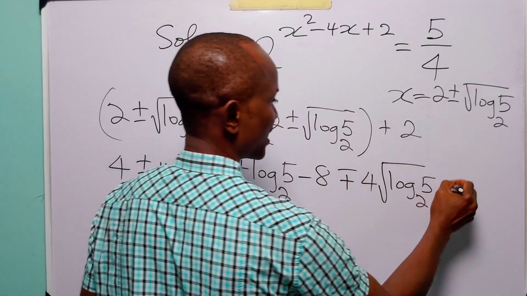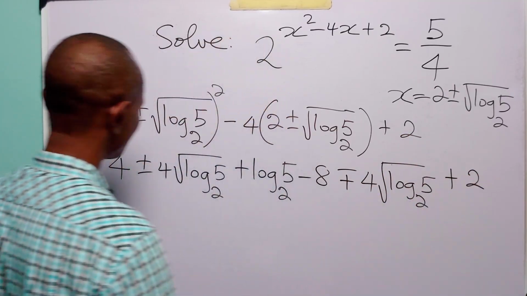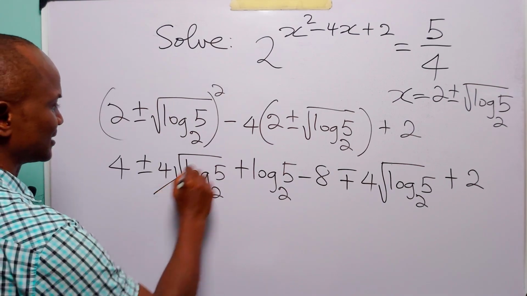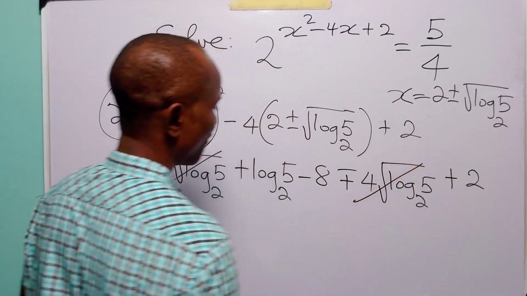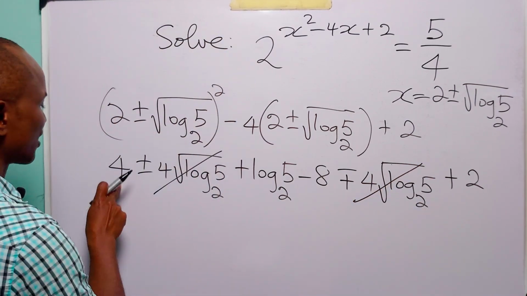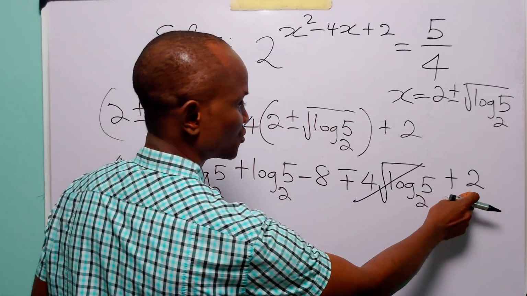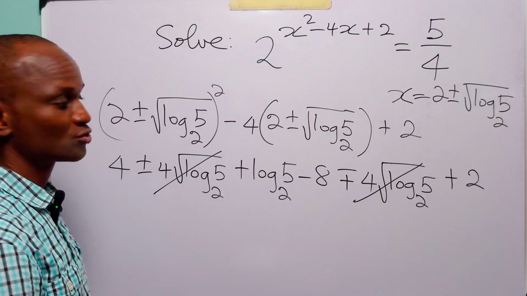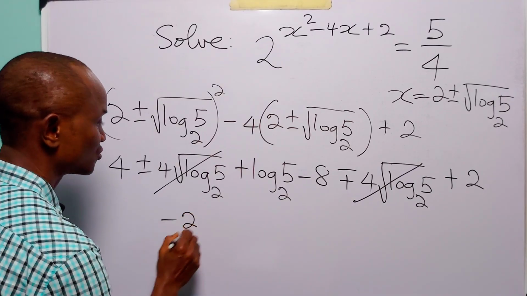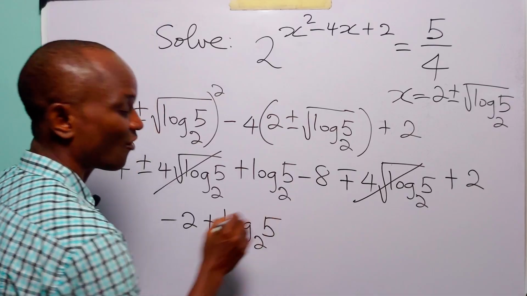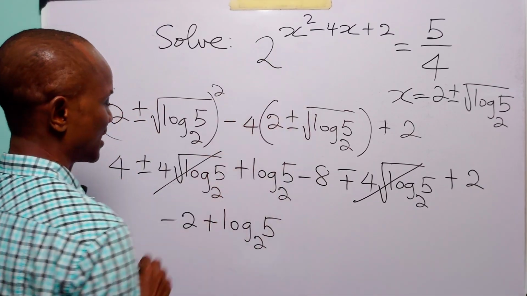And of course, we still have plus 2. Now, when you look at this line, you will immediately see that this is going to take care of this, leaving us with 4 minus 8, which is minus 4, plus 2. That is minus 2. So we have minus 2 plus log to base 2 of 5 as the exponent.